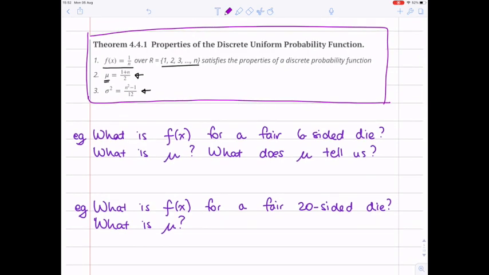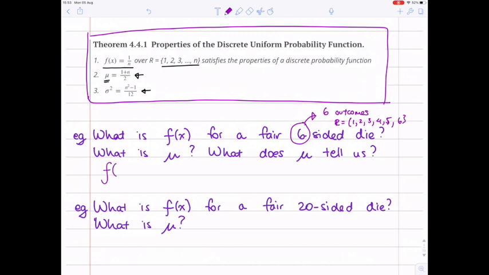So for example, if we want to say what is the probability function for a fair 6-sided die, well, being 6-sided means that we have 6 outcomes. So our random variable space is 1, 2, 3, 4, 5, 6.